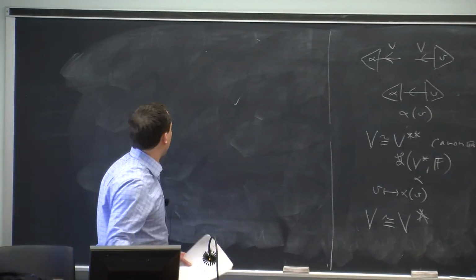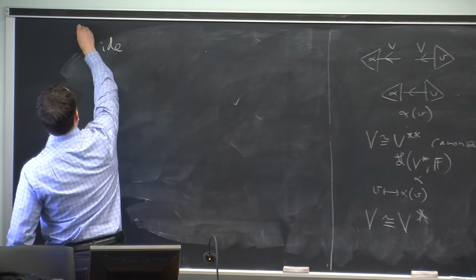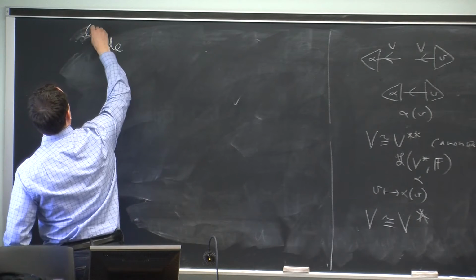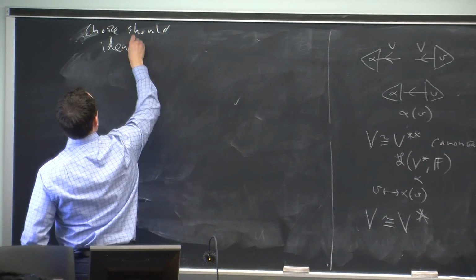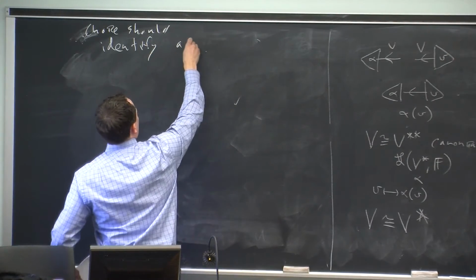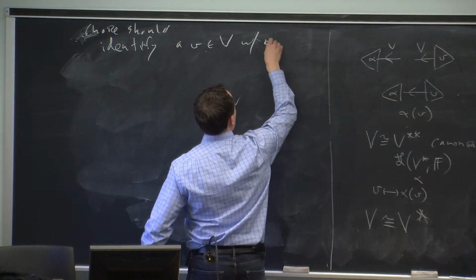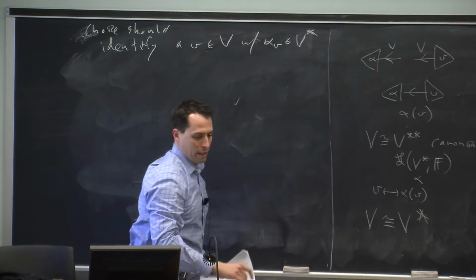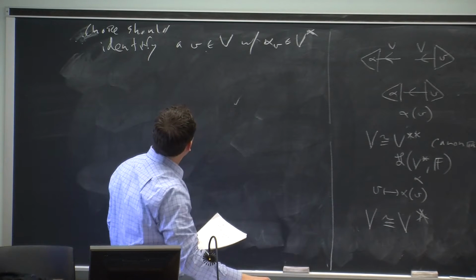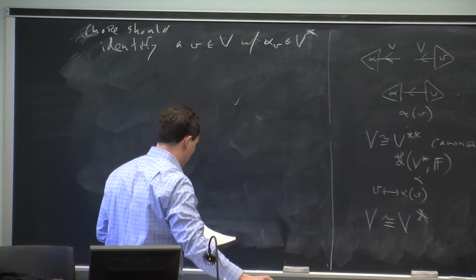So another way of saying it is that this data, or this choice, should identify a V in V. It should give me an alpha sub V in V star. Right? It should give me some linear map from V to the field.